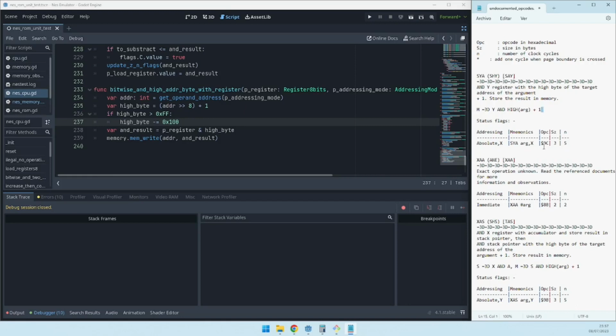Okay, no more scrolling. This is all the final 3 instructions. And Y register with high byte of target address. So this is the inverse. And Y register with the high byte of address plus 1, store the result in memory.